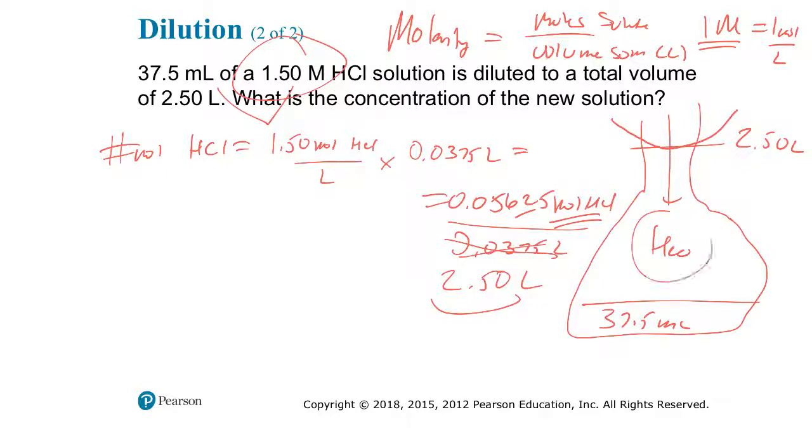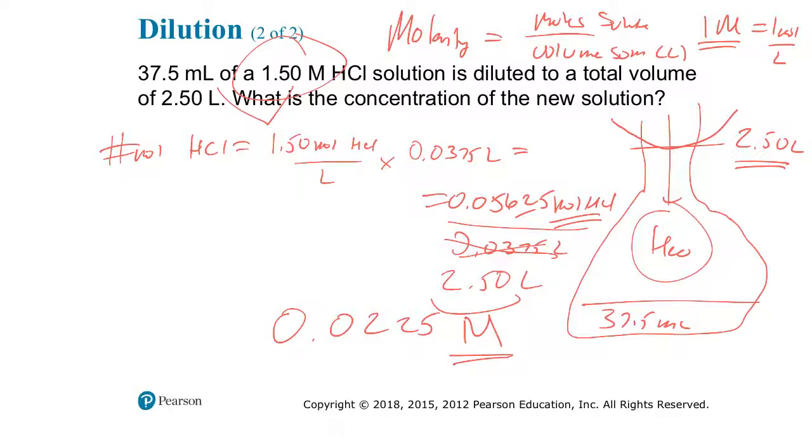So we're not adding 2.50 liters of water, we're just adding enough water to make the total volume of the solution 2.50 liters. So I take the moles of HCl, 0.05625, and then divide that by 2.50 liters, and that gives me a concentration of 0.0225 molar.